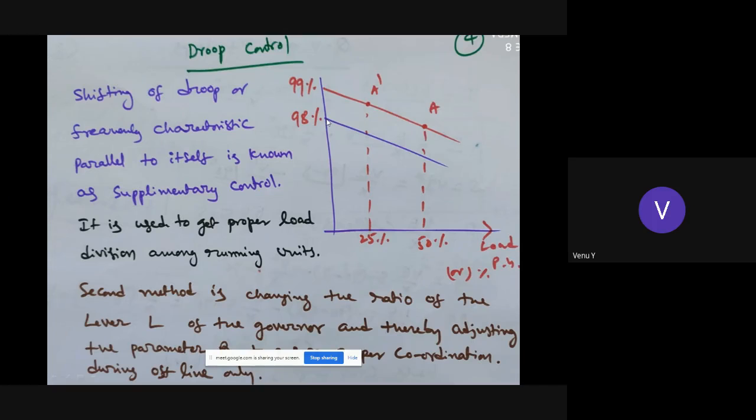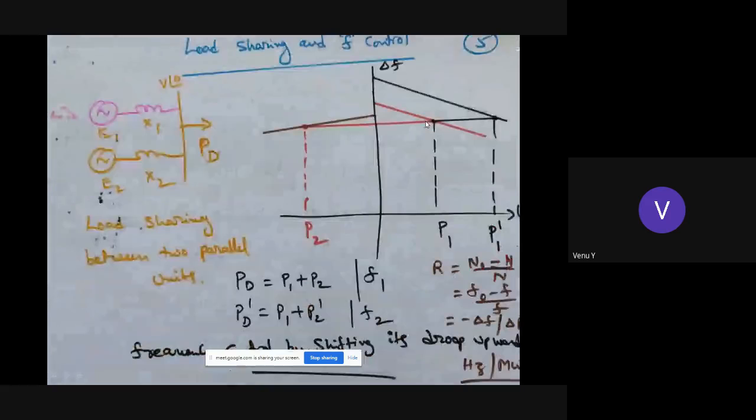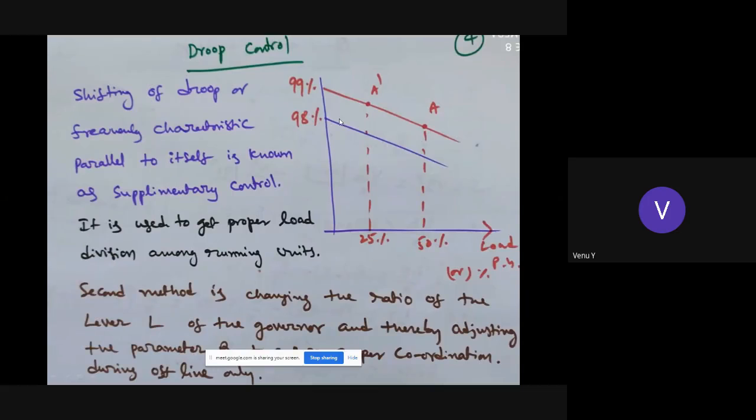So the load can be varied from 25 to 50% with the same frequency or same speed by adjusting the droop of the machine. It is used to get proper load division among the running units, so droop adjustment is very important. In subsequent chapters, we can use this concept for solving problems.